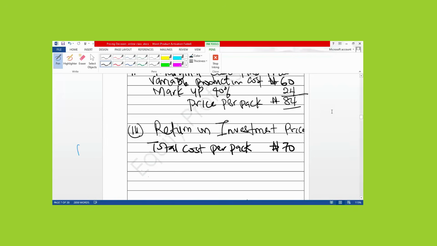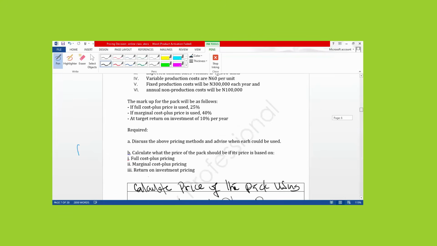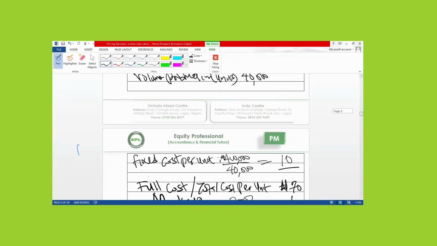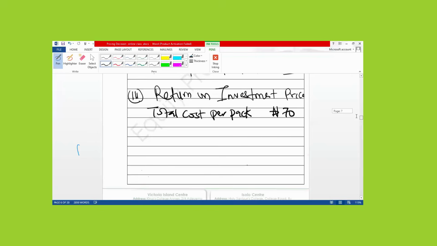Now, let's go to this. At a target return on investment of 10% per annum, I will now calculate. First, how much are we going to invest in this project?